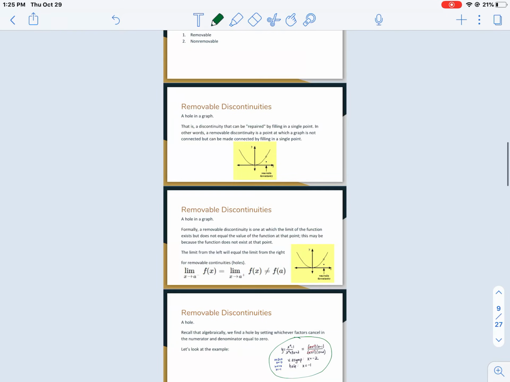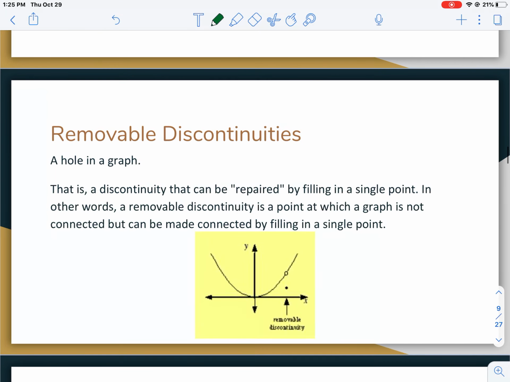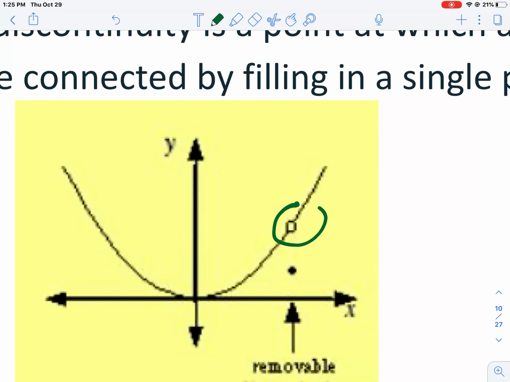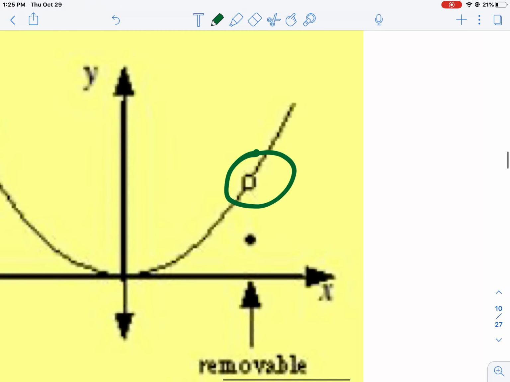Why are they called removable? Well, let's go back up to the slide here. If we filled in a point, since there's a hole right here, obviously that causes problems. But we call it removable since we can fill in a point right down here, okay?